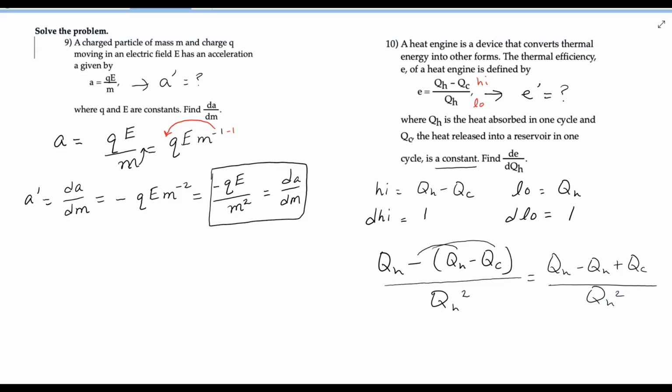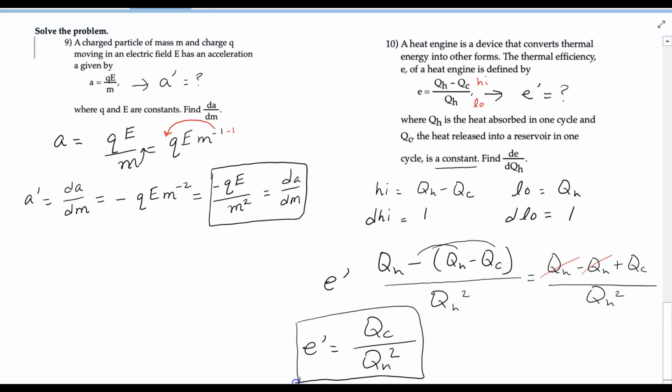All right, my Q sub H's cancel. And then I'm left with my derivative, E prime, which is Q sub C divided by Q sub H squared. So that right there is my derivative using the quotient rule.